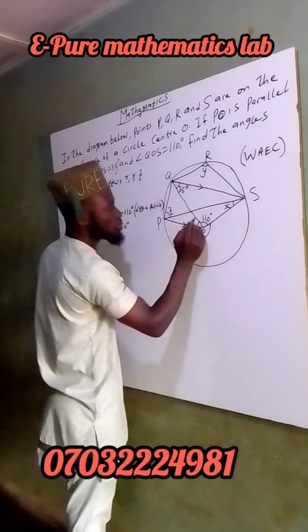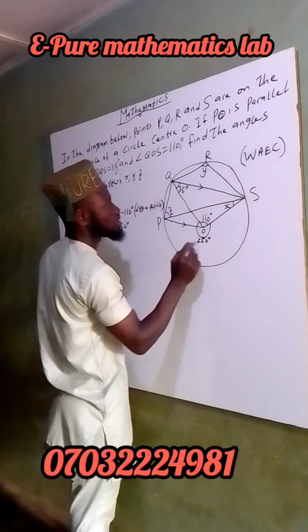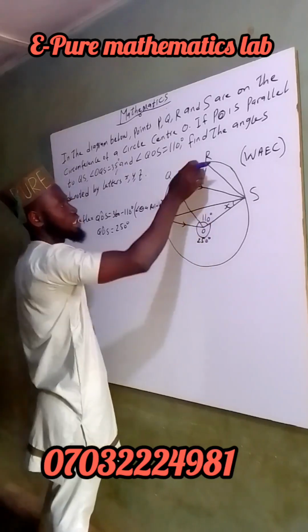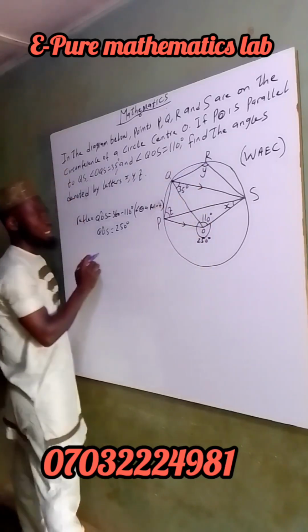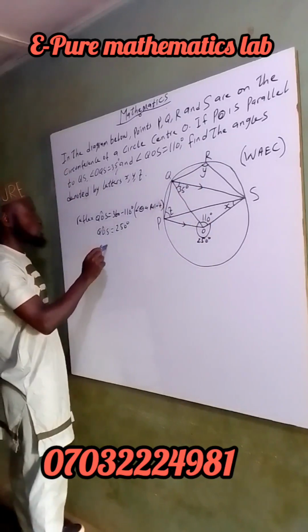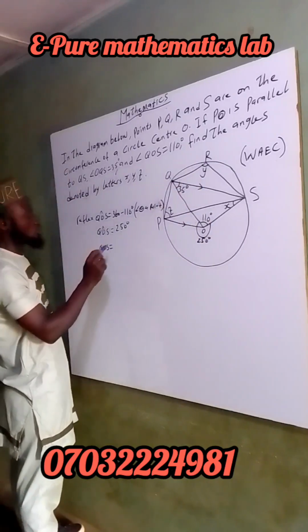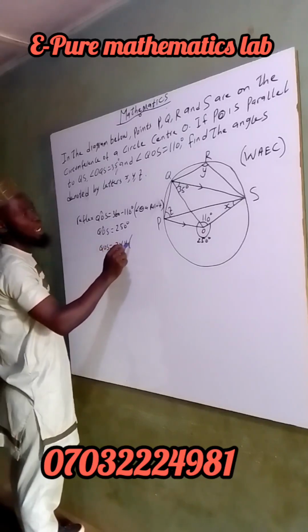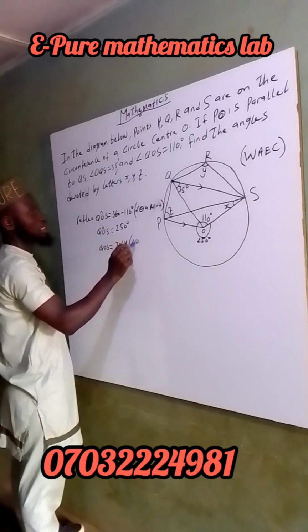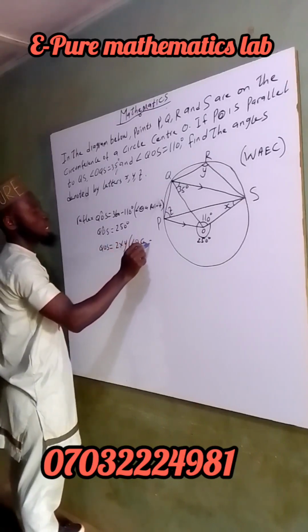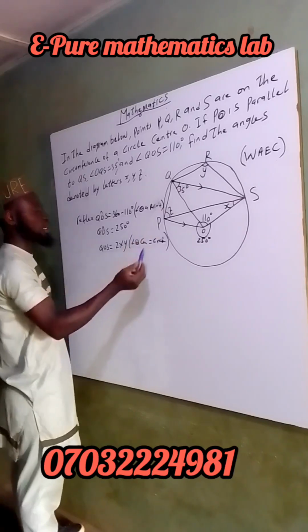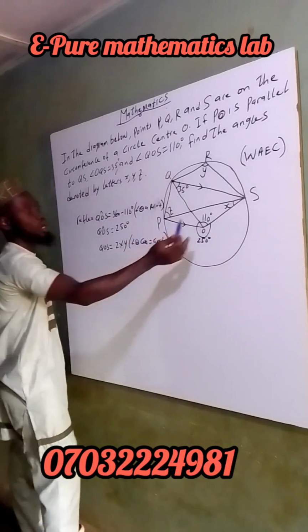So from here to here is 250 degrees. From here I can determine the value of y. Because I have 250 at the center, then y at the circumference. I can say reflex QOS is equal to 2 times y. Reason: angle at the center is twice the angle at the circumference.